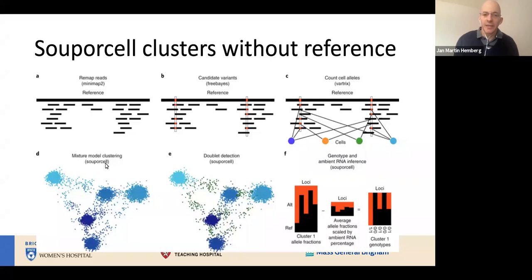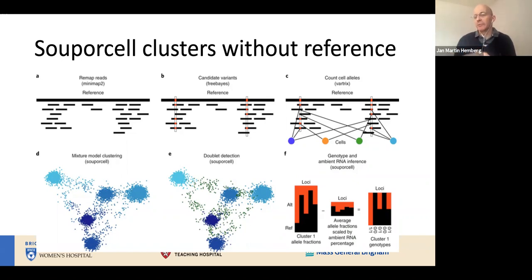So in this space, the doublets come out very nicely because we expect each cell to be very near a cluster. But if we have things that are lining up in between clusters, they are very clearly doublets. The other aspect that comes out for free is an estimate of the amount of ambient RNA. And the reason for that is because we know that each allele frequency should be very close to either 0, 0.5, or 1.0.